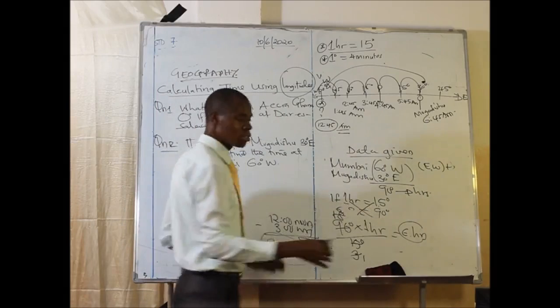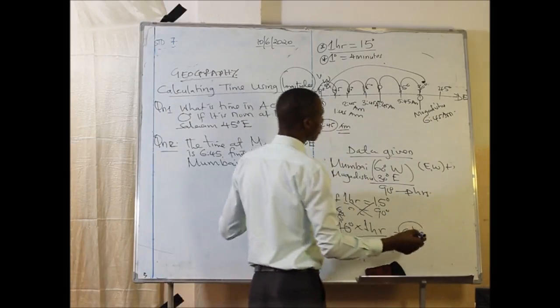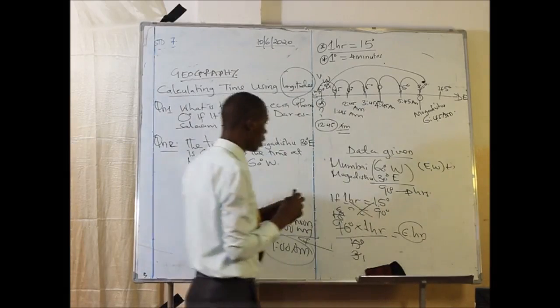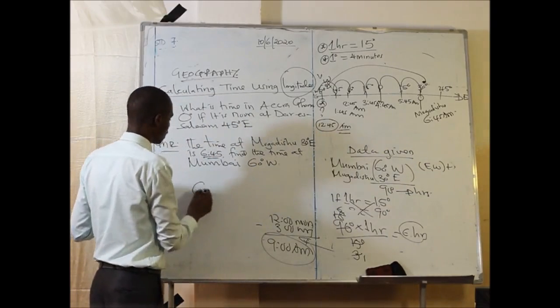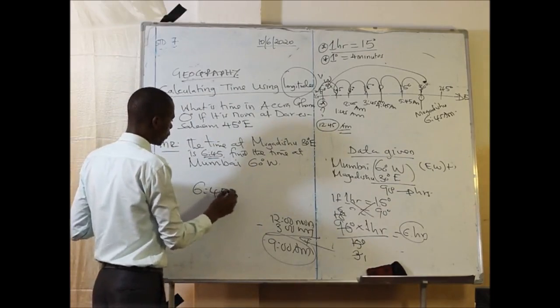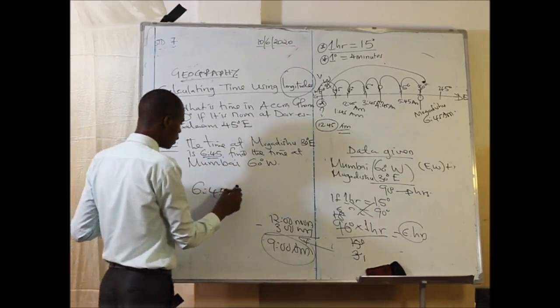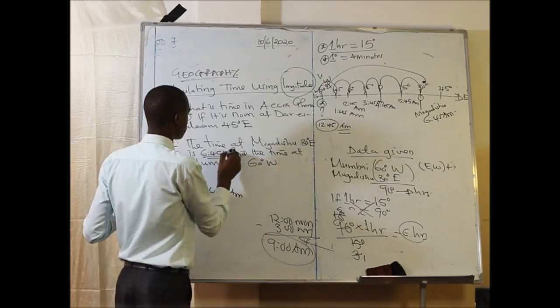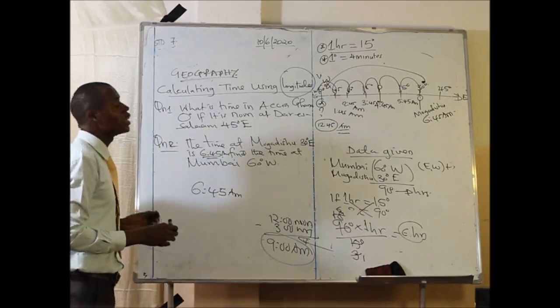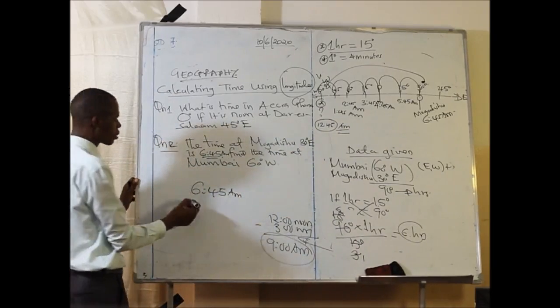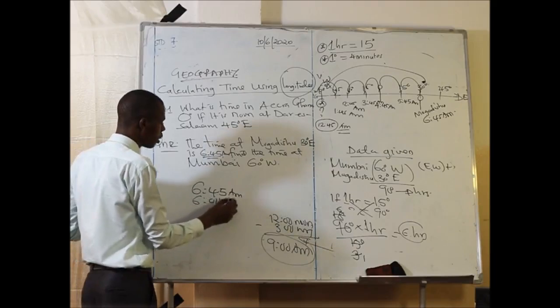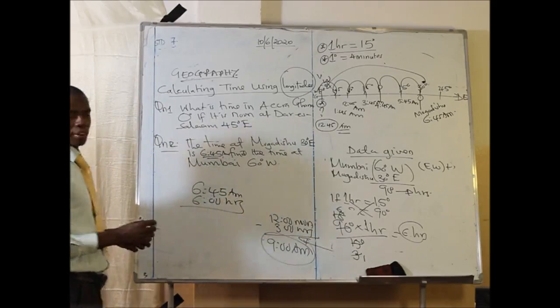Then because we are going to lose time, we come to the original time given, which was 6:45 a.m. From 6:45 a.m. we are supposed to subtract 6 hours.